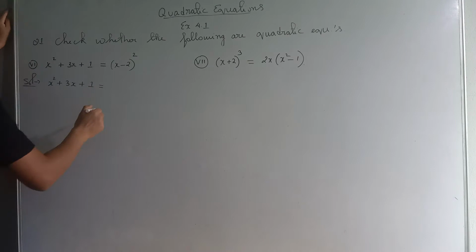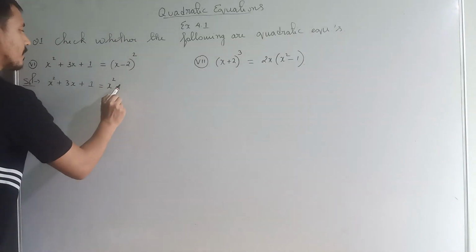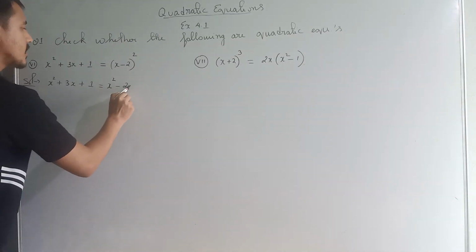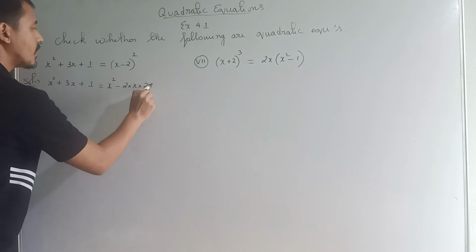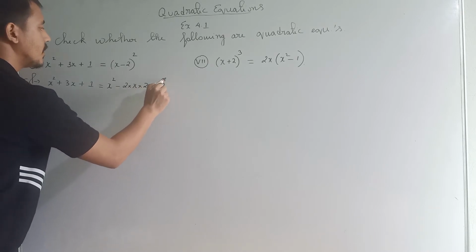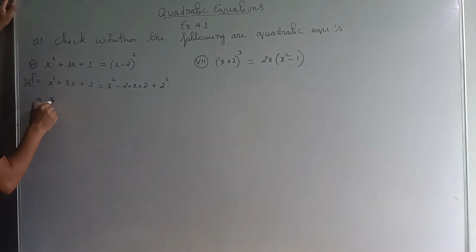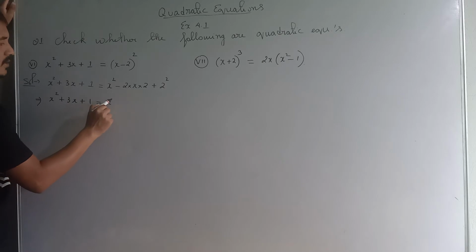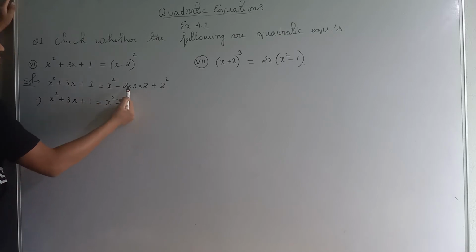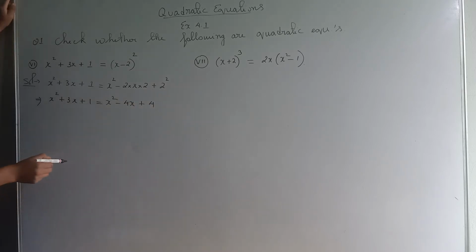So the identity of (a minus b) holding square is a square minus twice ab plus b square. Now this implies x squared plus 3x plus 1 equal to x squared minus 4x plus 4. Let us transpose the terms on the right side to the left side.